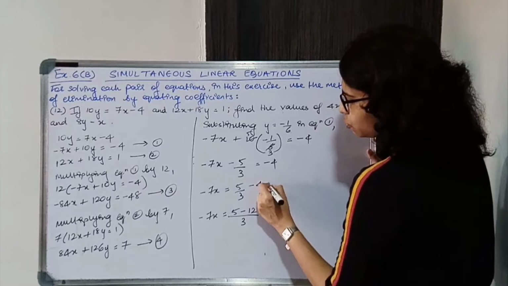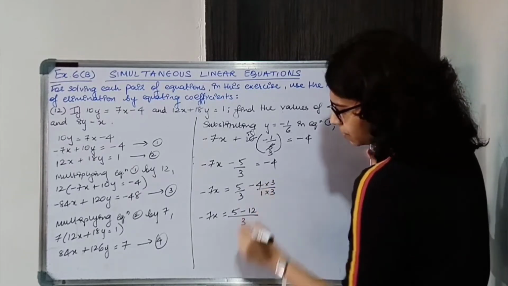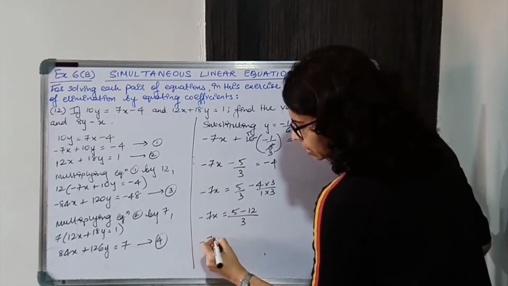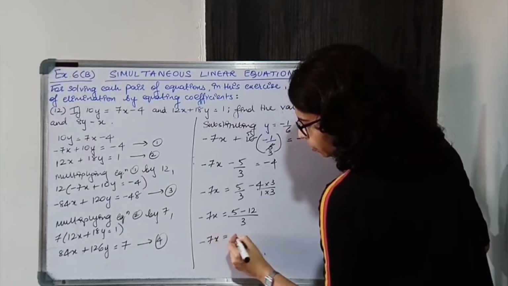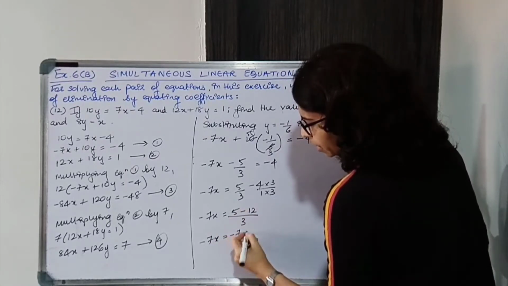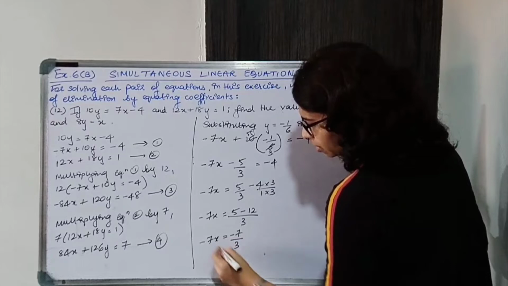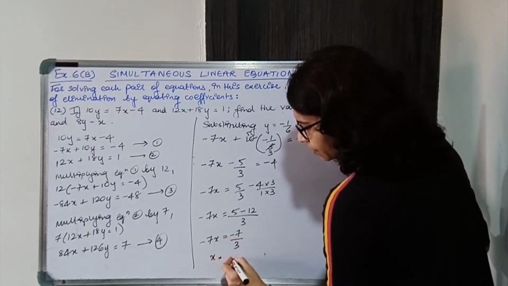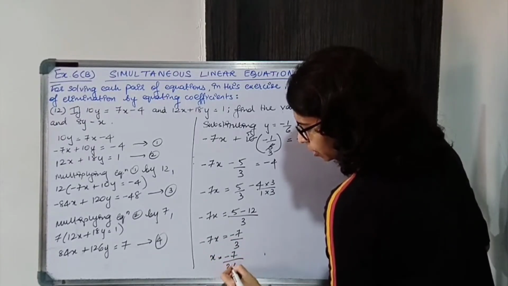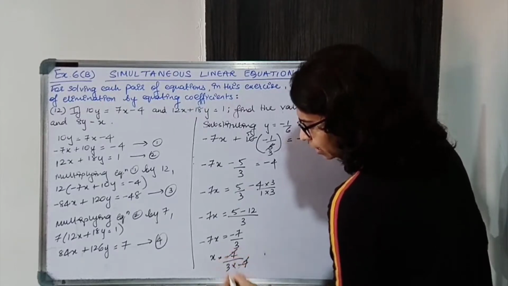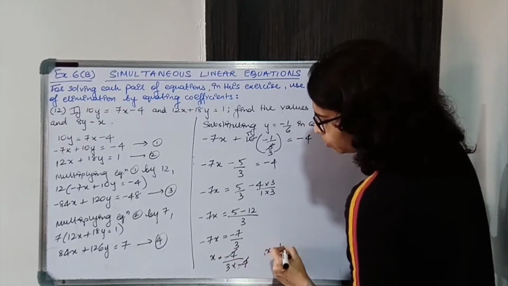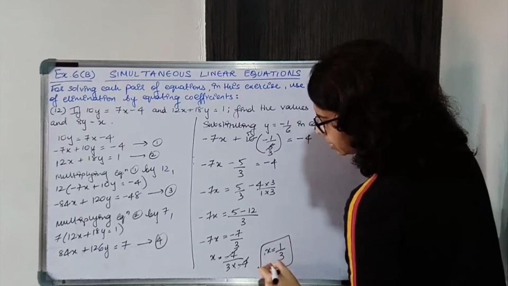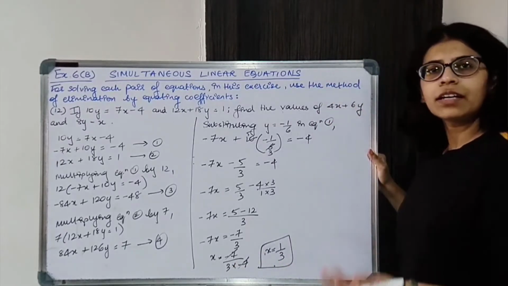We just took LCM. So minus 7x is equal to 5 minus 12 gives minus 7 upon 3. Shifting minus 7 over here, so minus 7 upon 3 into minus 7, this will get cancelled. So we'll get x is equal to 1 upon 3. ठीक है, so y का मिल गया, x का वैल्यू मिल गया.